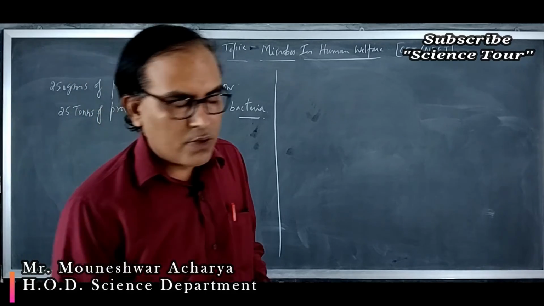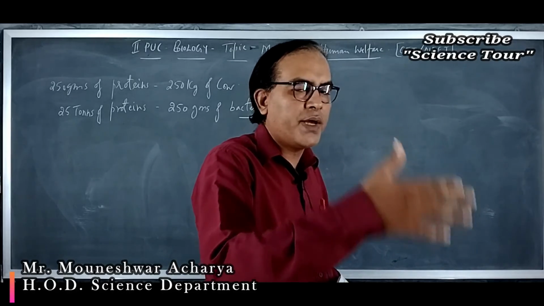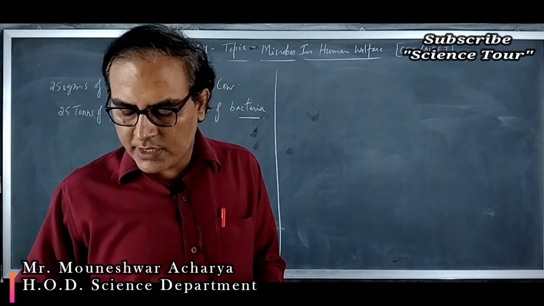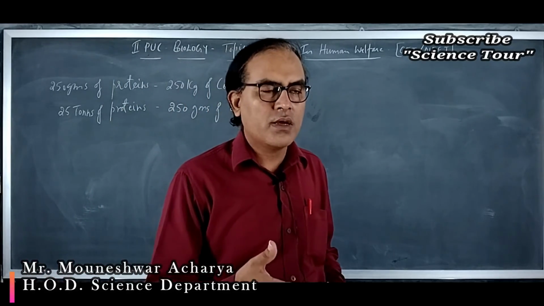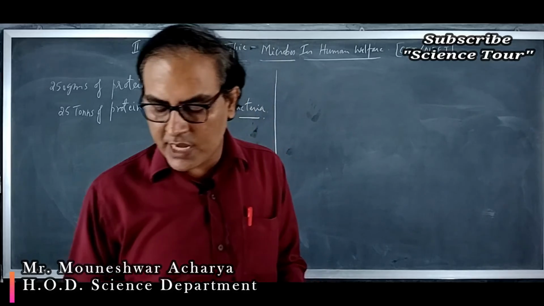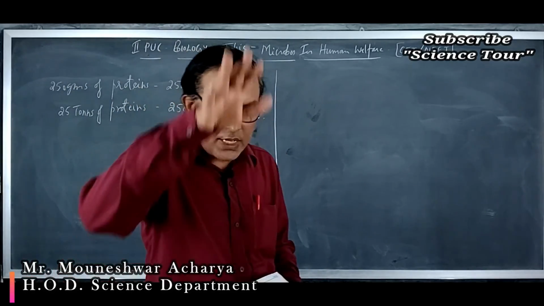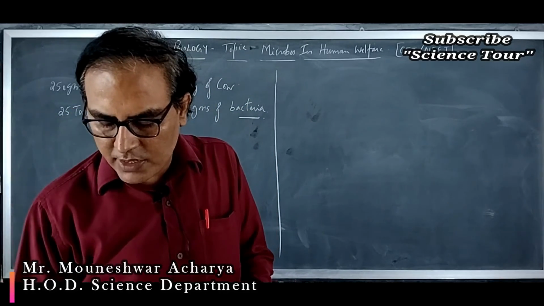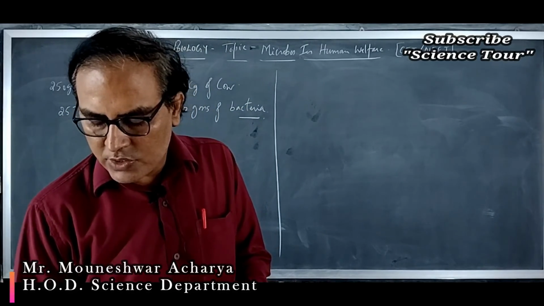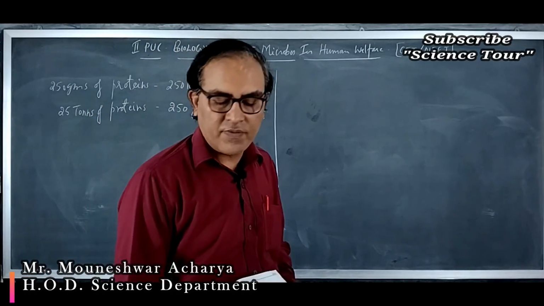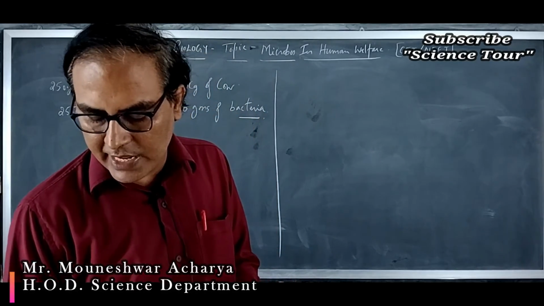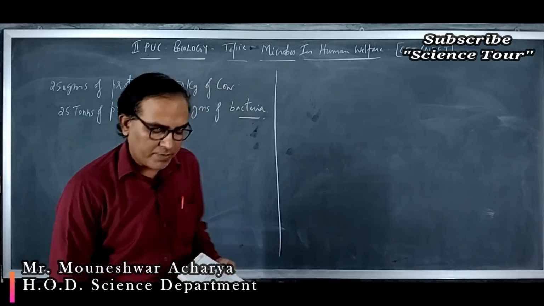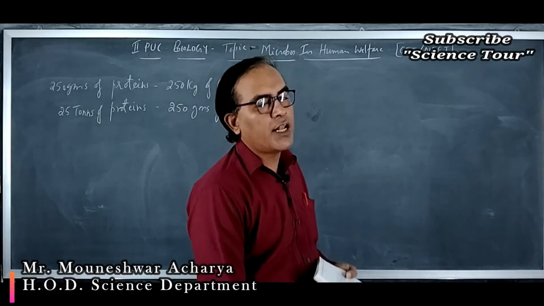Initially the floating debris, they are removed by the method of sequential filtration. Then the grit, the small pebbles and the soil particles, they are removed by the process of sedimentation. So all solids are settled and they form the primary sludge, and the supernatant that forms the effluent. Then the effluent from the primary settling tank is taken for the secondary treatment. So the secondary treatment is nothing but the biological treatment.